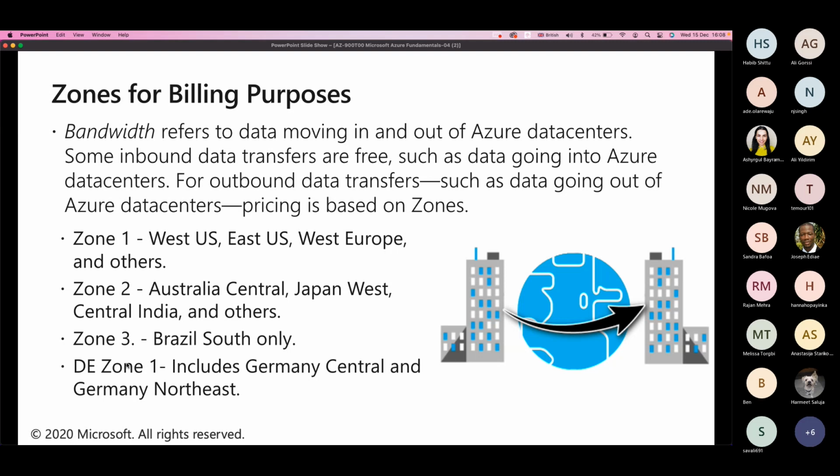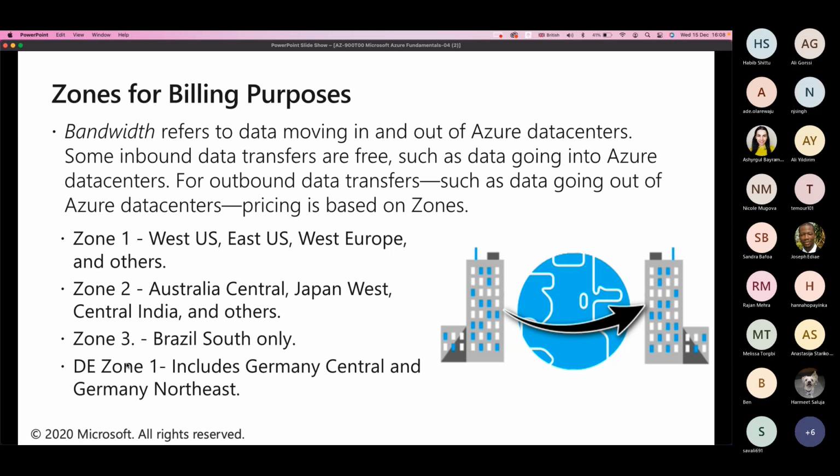Do you remember when I gave an example of what's happened with the Indonesian healthcare system, for example? There's no data center in the zone where they are based, right? So they can use a zone or region close to them.